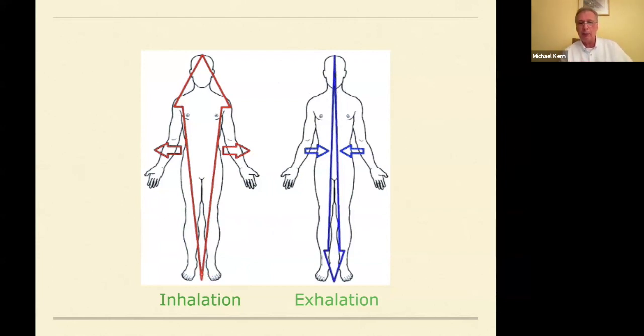One phase he referred to as inhalation, and this is where, generally speaking, there is a movement, a rising up within the tissues and the fluids of the body, and a widening side to side.